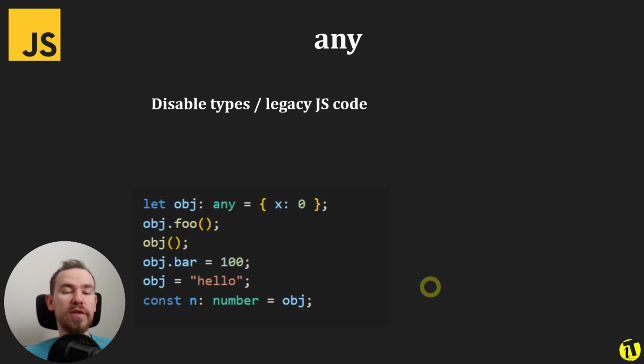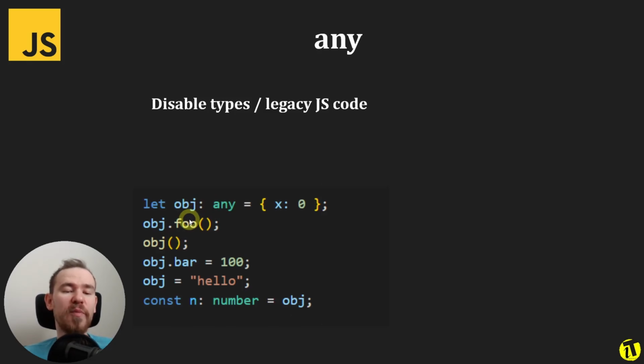Let's say we have an object of type any, and inside this object we have only property x. But on the next line we can successfully call the foo function, even though the foo property is not actually in this object. TypeScript is not going to throw an error because we said it's any, so it could be anything inside this object.